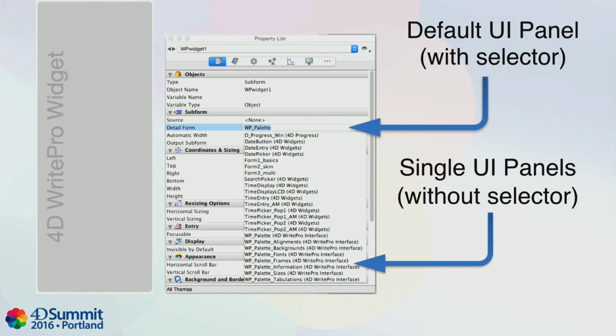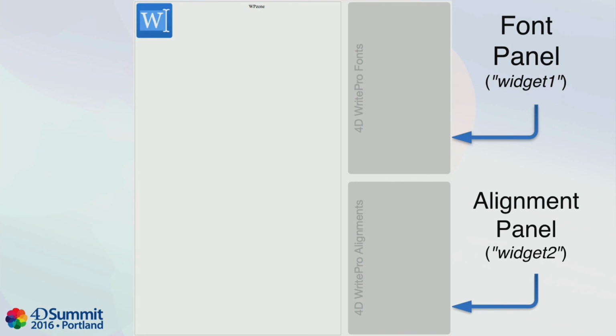So you can pick them up and use them directly. So you can have this kind of interface. You will have the font on the top, the alignment next or on the bottom, and you have now not one UI interface, but two.